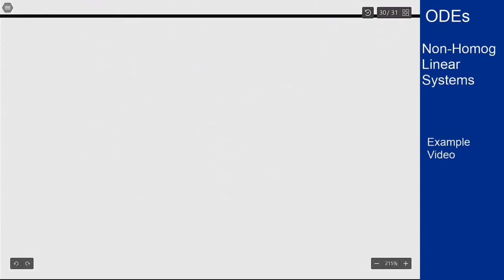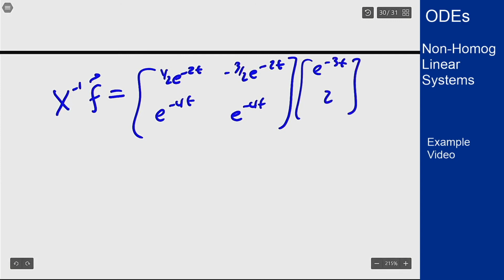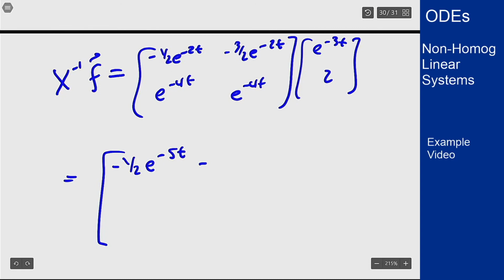So x inverse f is that inverse matrix times our vector f, which was e to the minus 3t and 2. We can just work out this calculation. I'm going to see a 1/2 e to the minus 5t minus a 3 e to the minus 2t.